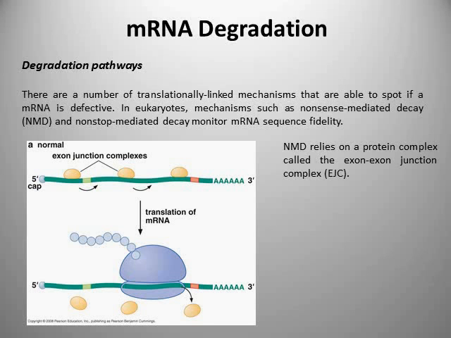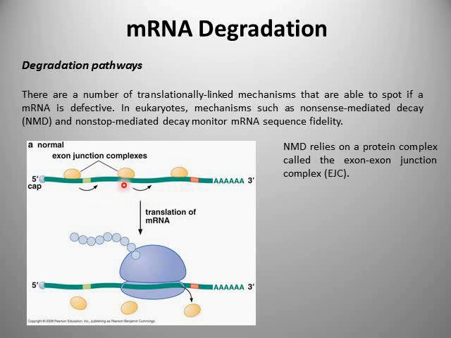So if we consider what goes on during translation of a normal mRNA molecule, what a newly exported mRNA molecule actually looks like is this. This is a 5' cap, this is a poly-A tail. I don't know if you can see on this, but there are little joins in this coding region.